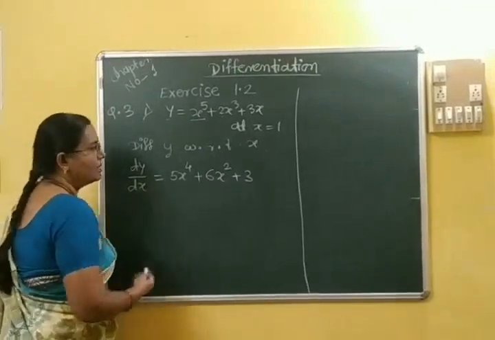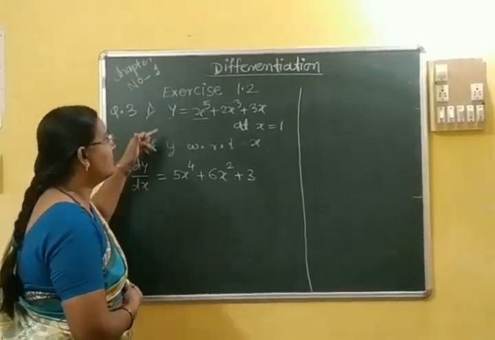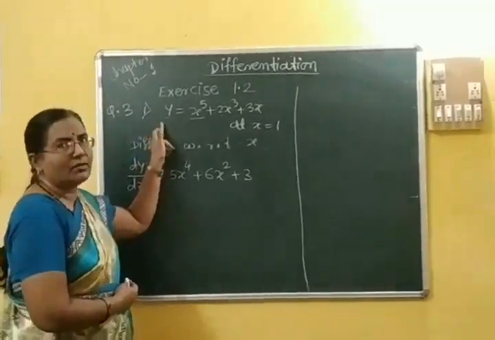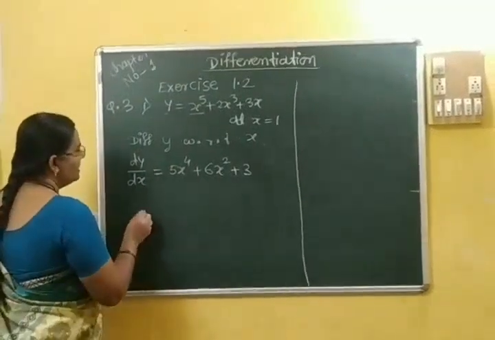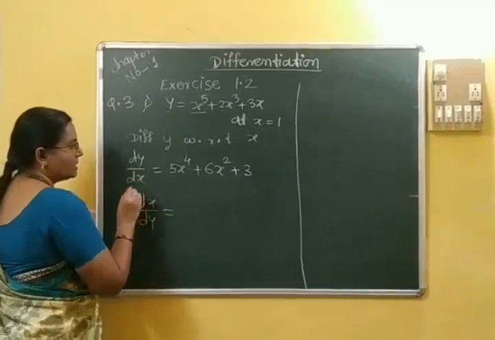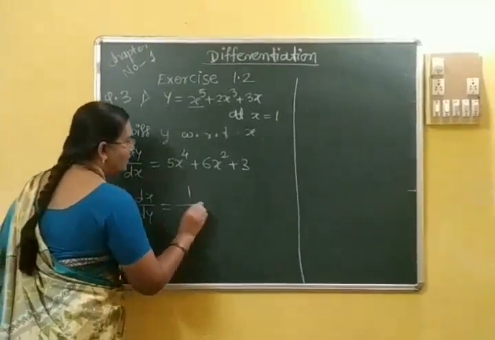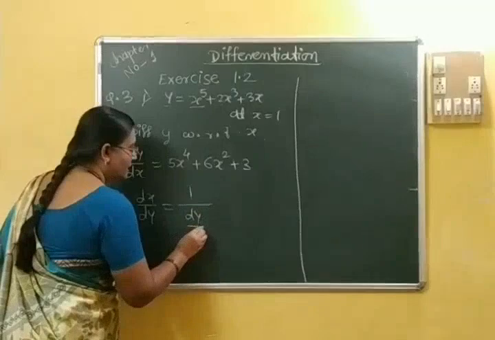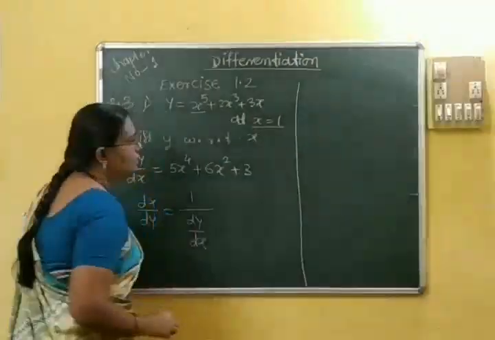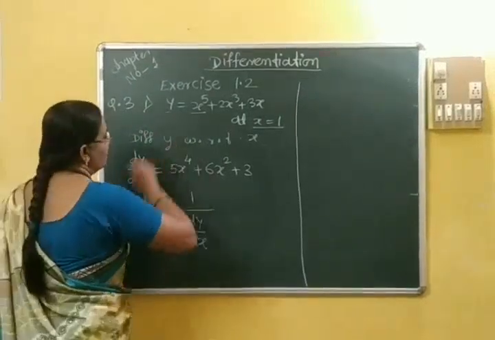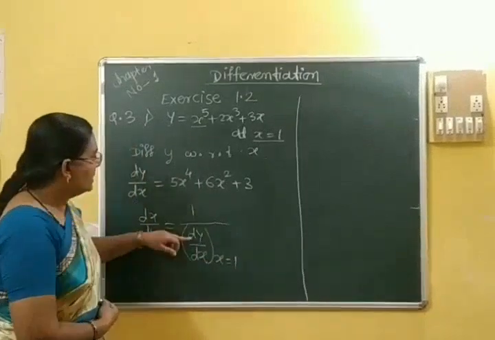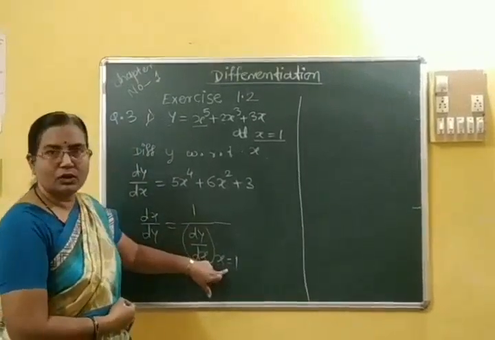Now we have to find the derivative of the inverse function. Let us start with dx upon dy, which is the inverse of this derivative, that is 1 upon dy by dx. We are given x is equal to 1 for the given function, so we need dy by dx at x is equal to 1.